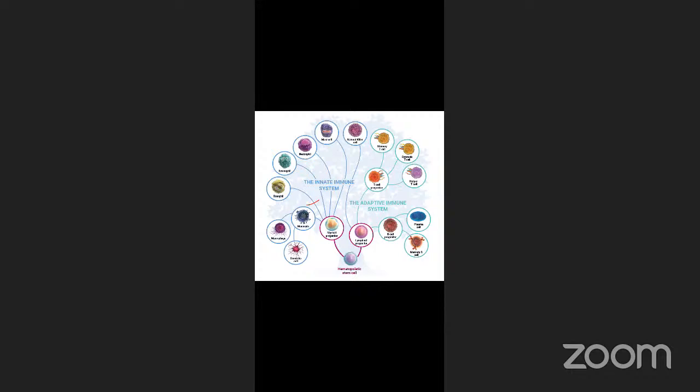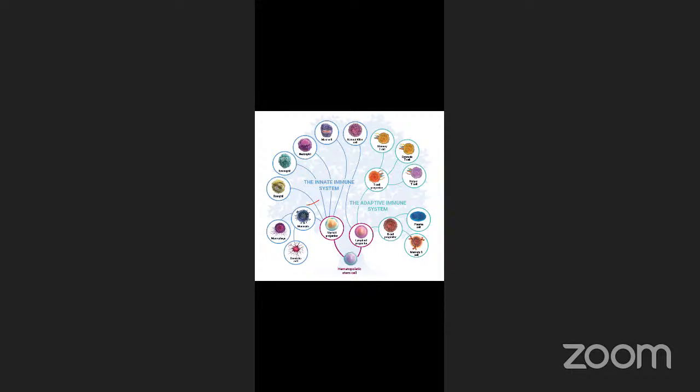Don't bother about the types, but remember this dendritic cell acts as an antigen presenting cell, especially a professional one. Macrophages and dendritic cells act as antigen presenting cells, and are capable of phagocytosis.